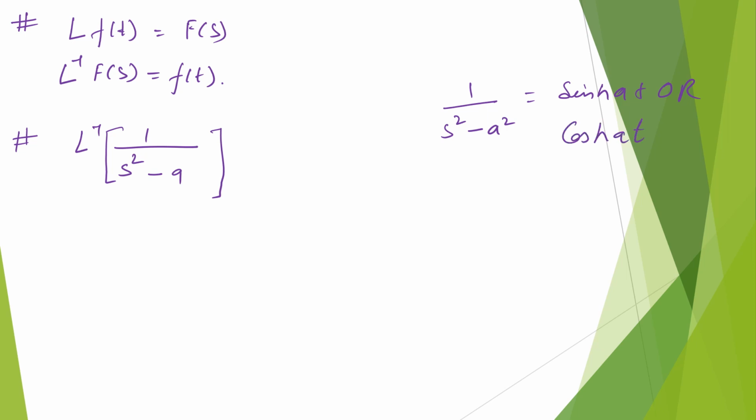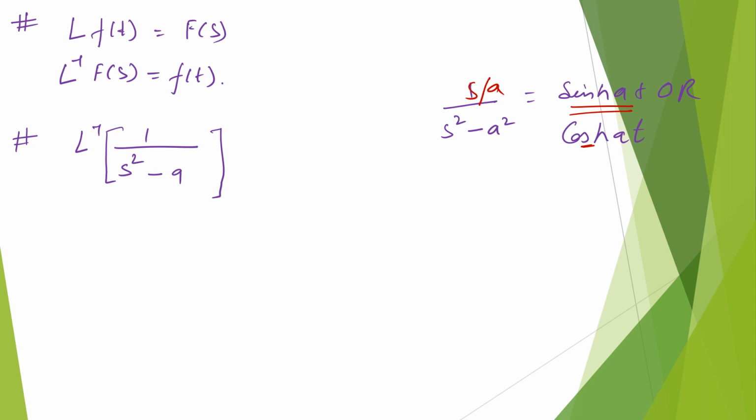But for cos hyperbolic at, the numerator should be s, and for the sine it should be a. So over here we have to remember that we are not allowed to multiply or divide by small s.